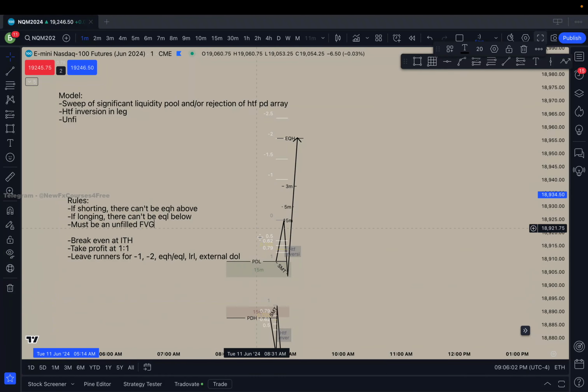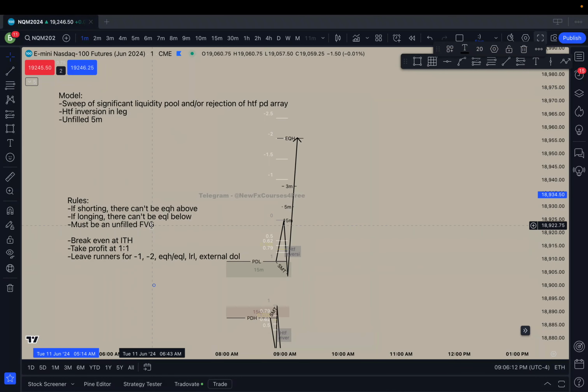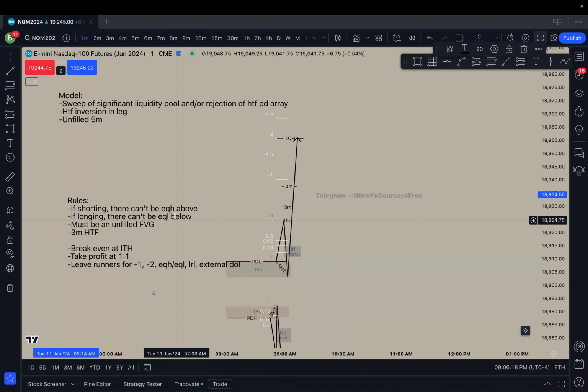This must be an unfilled fair value gap. It can't have been traded to already. And it's 5 minute, 3 minute as a minimum. 3 minute is the lowest.